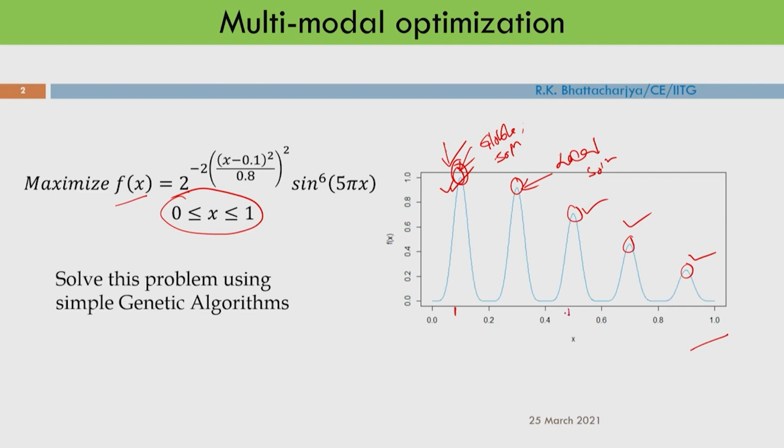Suppose I choose the initial solution somewhere here, say x naught, then probably you will get this solution. Similarly, if you do it here you will get that one, but if you take an initial solution in between, somewhere here, you will get the global optimal solution. But if you are applying genetic algorithm, then you will get the global solution. So, I will get this particular solution.